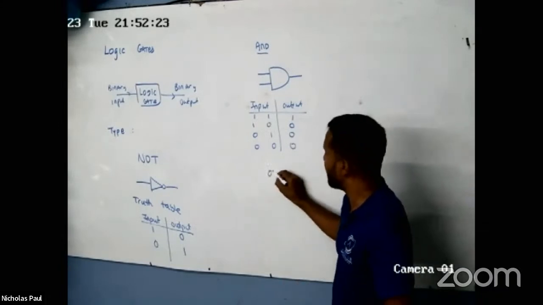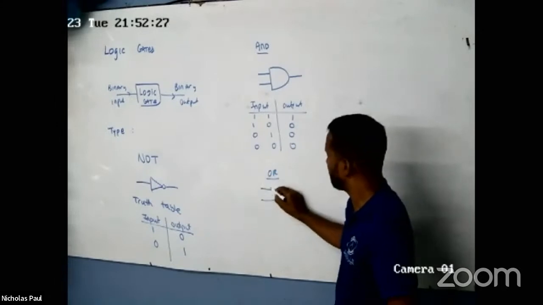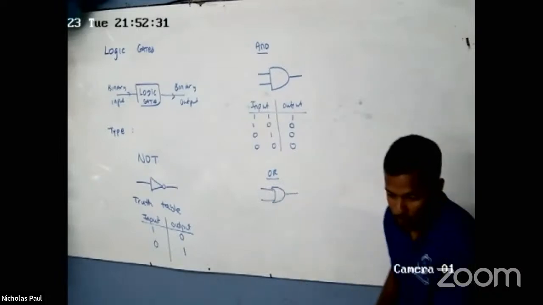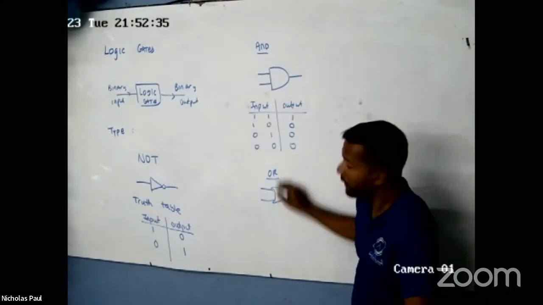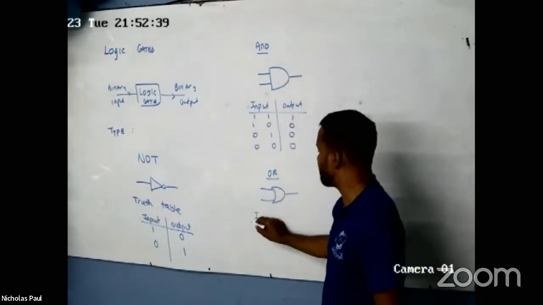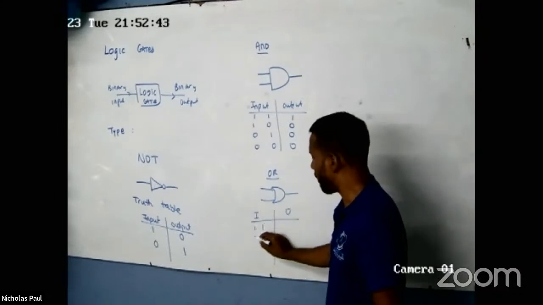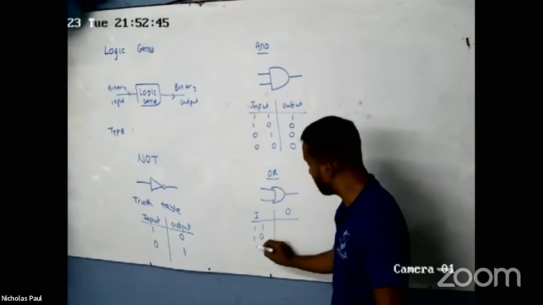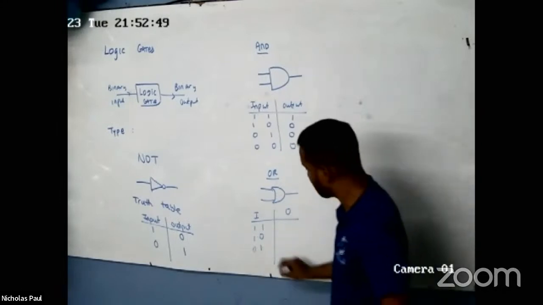Then you have the next gate, called the OR gate. You will notice that the back of the OR gate is curved, while the back of the AND gate is straight. Then you have your inputs and outputs, with the same combinations: 1 1, 1 0, 0 1, and 0 0.